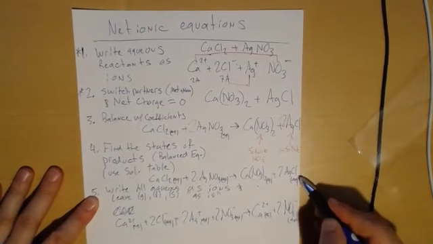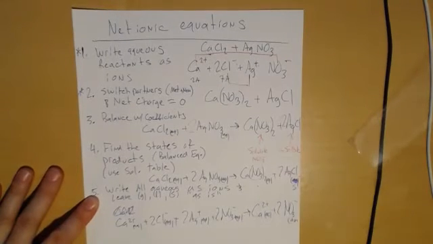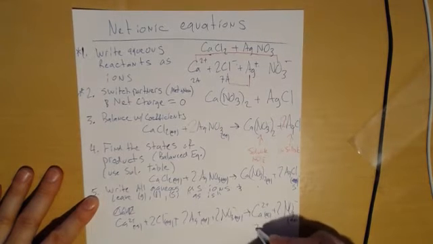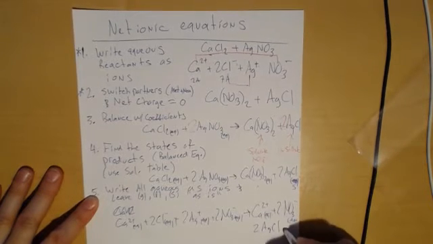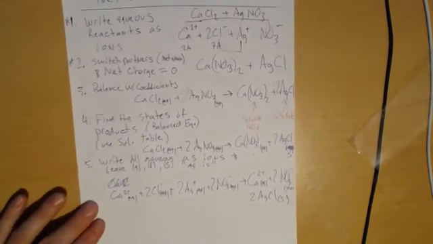I'm going to put the silver down below. Now that one's not aqueous. Whoops, that's supposed to be a solid. I said insoluble. Okay, so the 2 AgCl, solid, not broken apart.